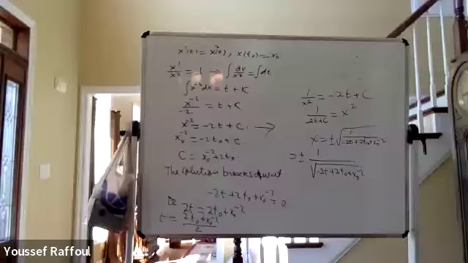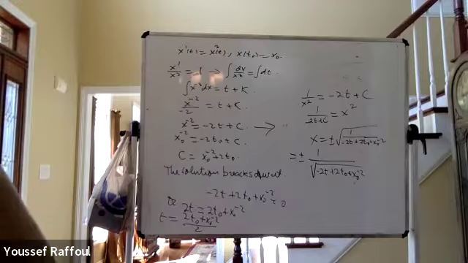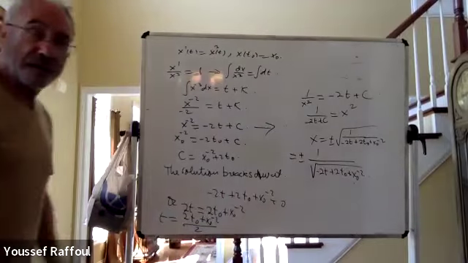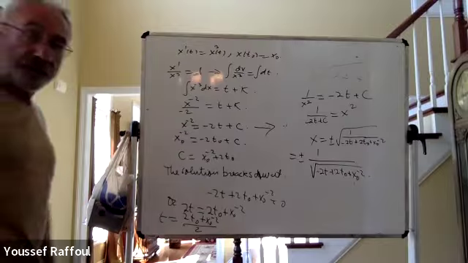I'm going to skip a lot of this stuff, and then go to the variation of parameters formula, section 1.5. Any questions so far? Any questions?